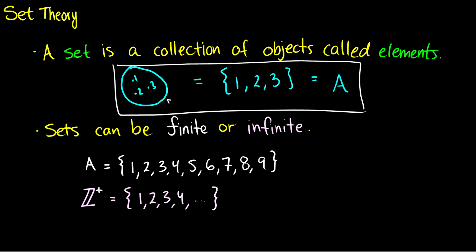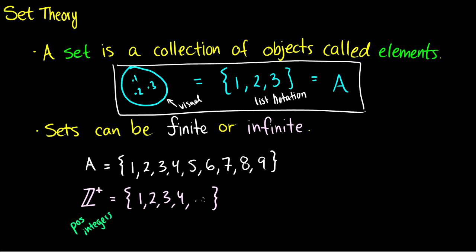Of course, this is just visual, and this notation in curly braces is called list notation because you're listing them all. Now, sets can be finite or they can be infinite. So we can have a set A containing all the numbers between 1 and 9, or we could have the set of positive integers that go from 1 all the way up to infinity.